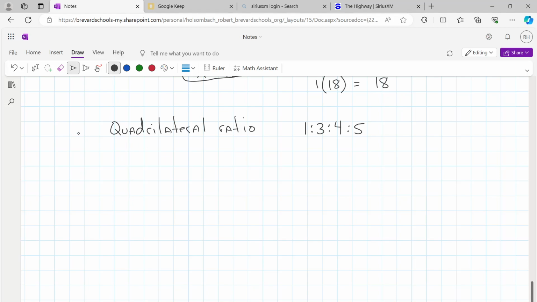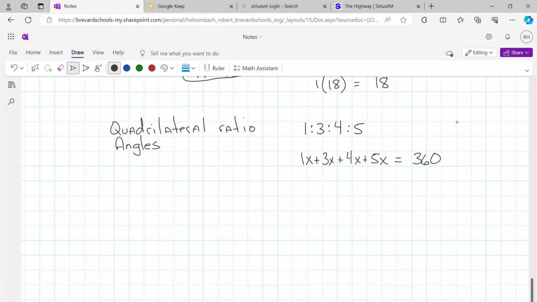Quadrilateral ratio, and we're going to say angles. We would take 1x plus 3x plus 4x plus 5x. And we wouldn't set it equal to 180, right? Because the sum of the angles of a quadrilateral is not 180. The sum of the angles of a quadrilateral is 360. So we would set this thing equal to 360 and then solve for x.